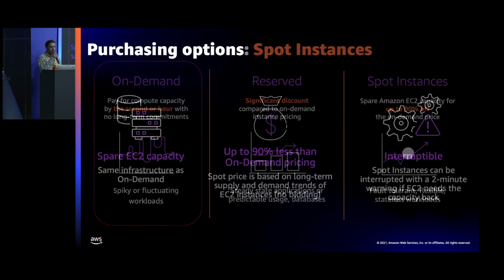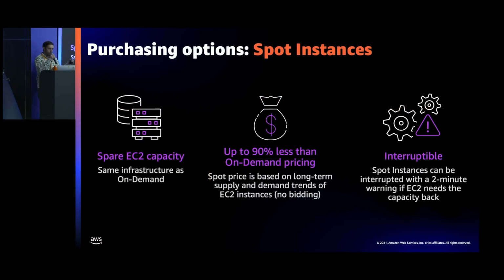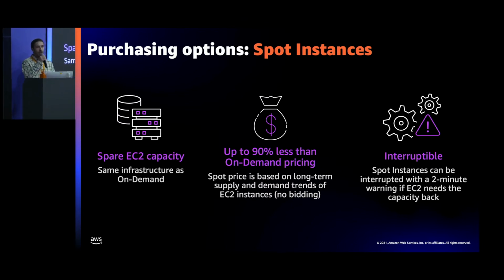So just to get into it here, spot instances, this purchasing option, up to 90% discounts, with the concept being that it's spare capacity that Amazon has, so the price fluctuates.